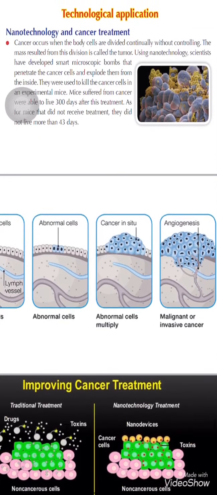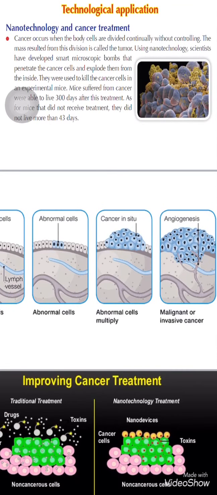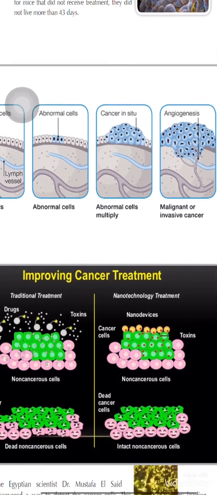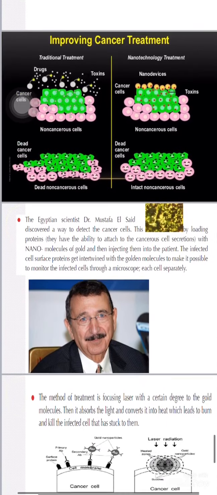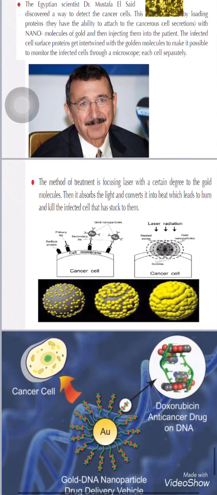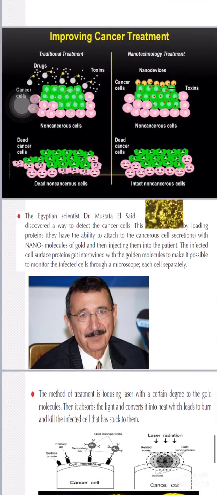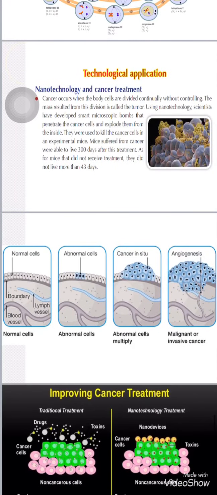Now we finished the meiosis division and we saw the application of nanotechnology, which was invented by Dr. Mustafa Sayyid, on cell division. We finished mitosis and meiosis. Mitosis is the division in the somatic cells or the body cells, while meiosis is the division only in the reproductive cells.